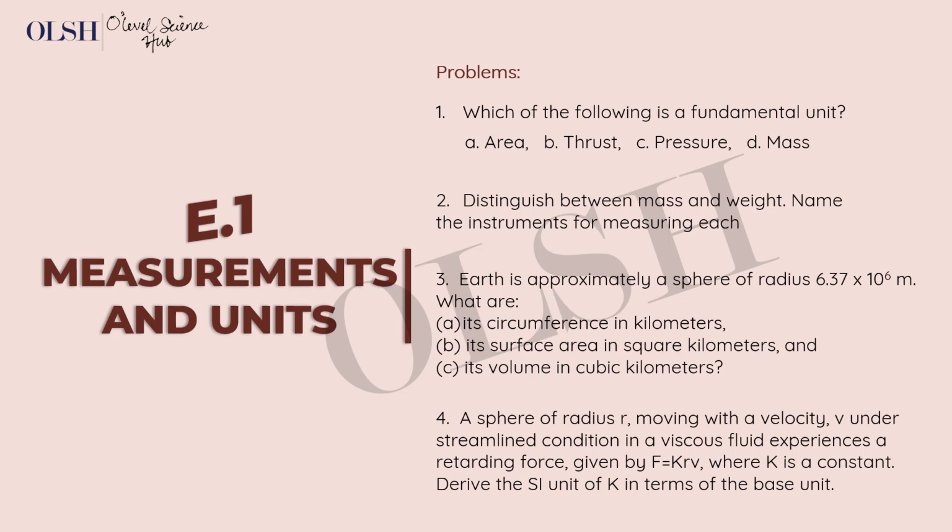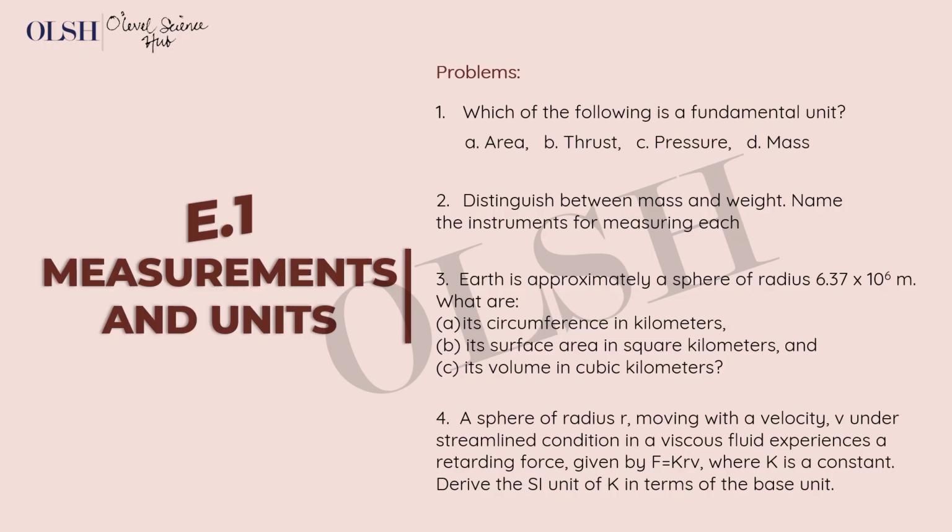Which of the following is a fundamental unit? For A we have area, for B thrust, for C pressure, for D mass. Of course, mass is a fundamental quantity which has the unit kilogram. Our answer is mass.